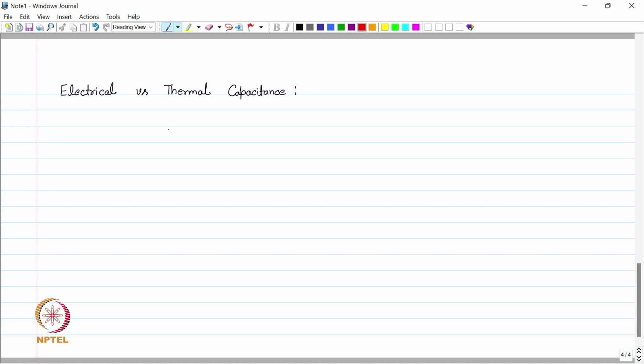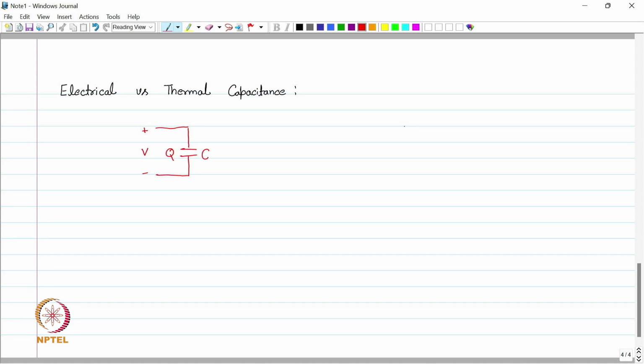In the electrical system, we have electrical capacitance, which is generally denoted by C, and if we apply a voltage across this capacitor, then there is a charge Q which is stored in this capacitor.